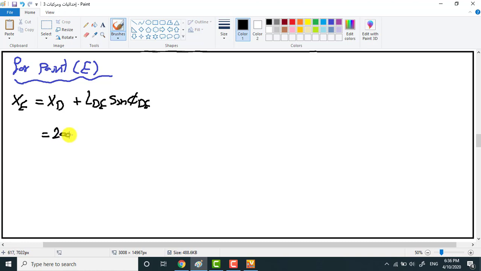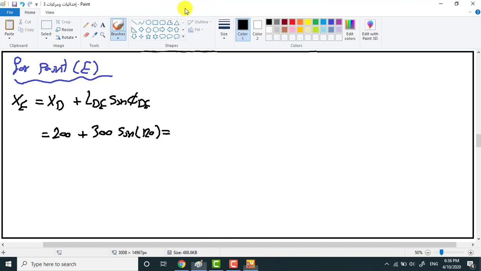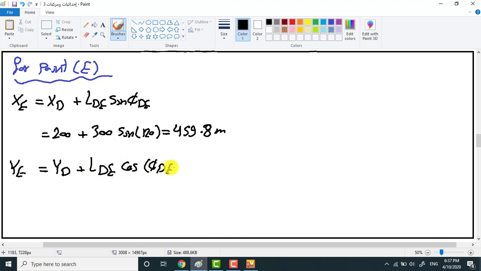XE equal XD plus LDE sine phi DE. XD 200, LDE 300 meter, sine phi DE sine 120 degree. The result is 459.8 meter. YE equal YD plus LDE cosine phi DE.